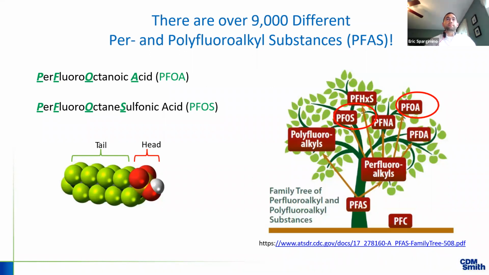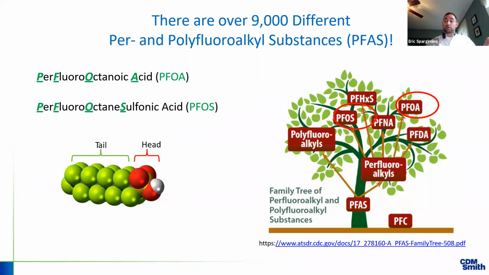So when thinking and talking about PFAS, it's important to recognize that we're talking about a family of compounds. As of today, when I checked the EPA website, there are 9,252 of these compounds.